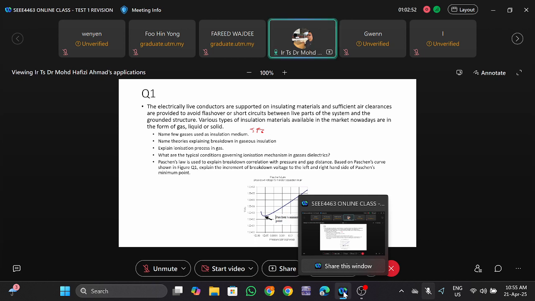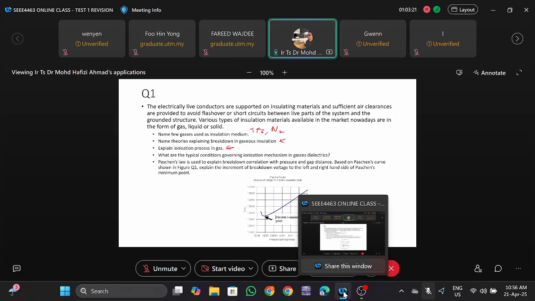So this can be one of the gas, all right? Sometimes also we use nitrogen gas. So none of the theories explaining breakdown in gas breakdown. What kind of theory? Townsend theories, Streamer theories, ionization process theories, right?